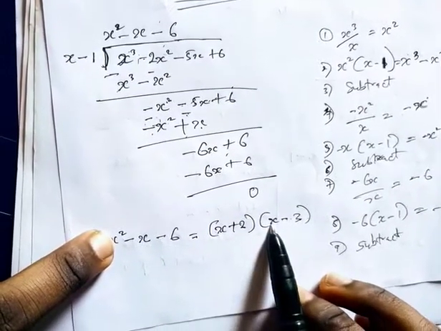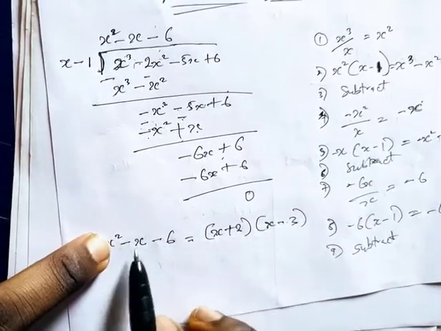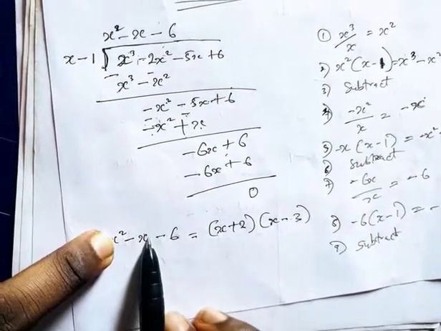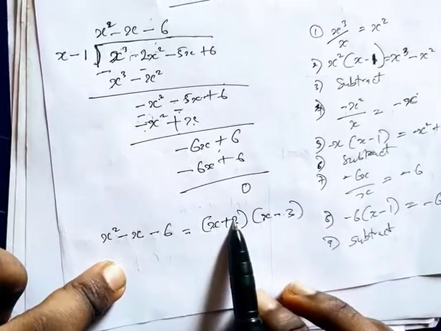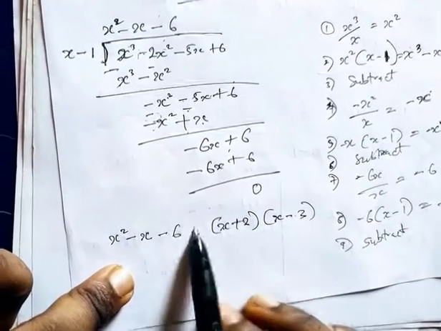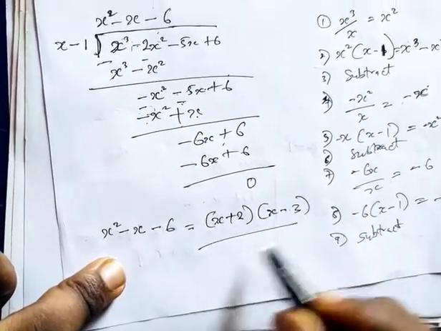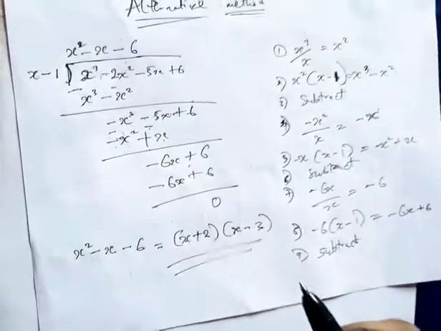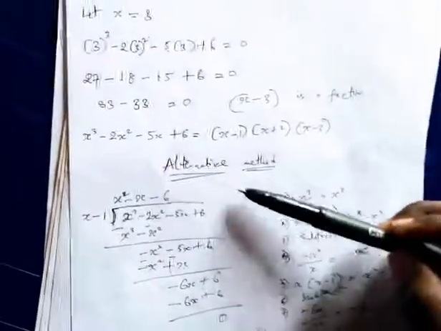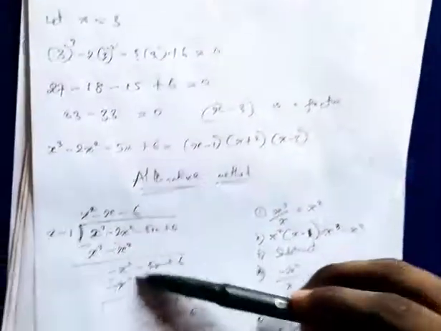This multiplied by this gives me positive 2x, which gives me a negative x here. Then positive 2 multiplied by negative 3 gives me a negative 6 here. So this is another alternative in solving, by first getting the first factor and then solving using long division of polynomial.